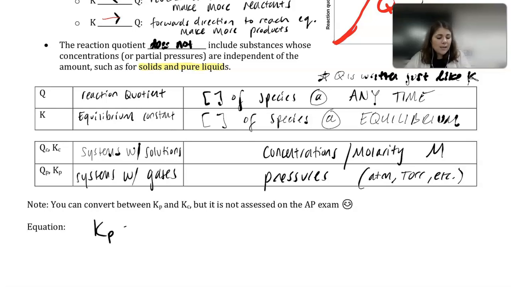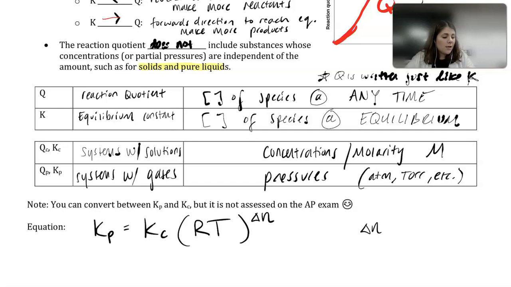So the equation is Kp equals Kc times (RT) raised to the power of change in n, where change in n is the change in moles: the moles of product minus the moles of reactants.